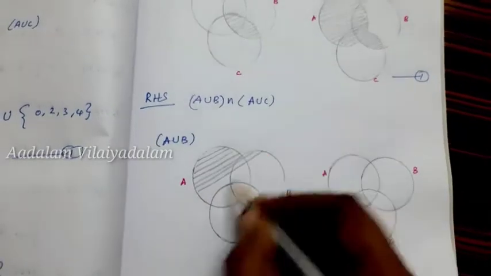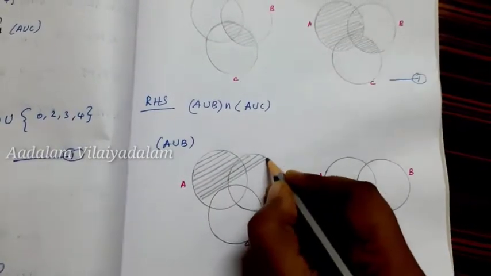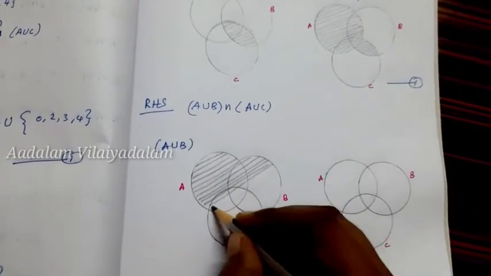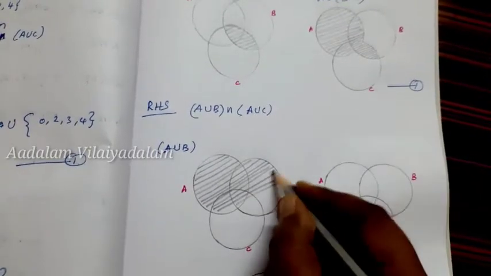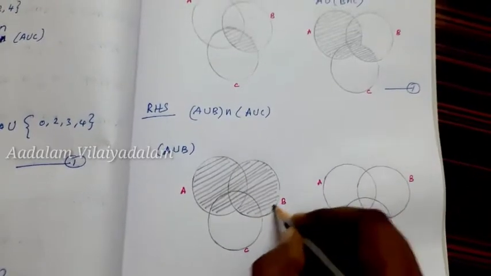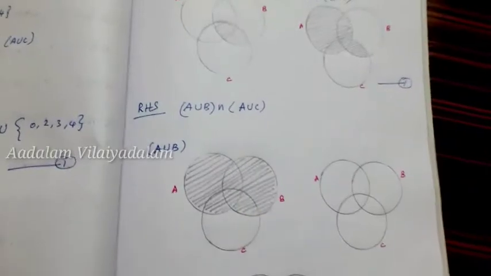You just use your scale and shade it. So this area is called A union B.